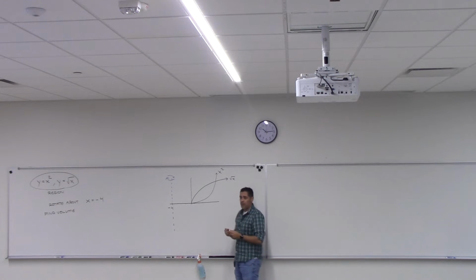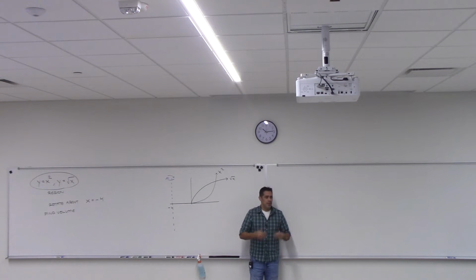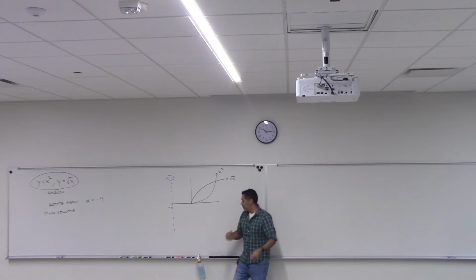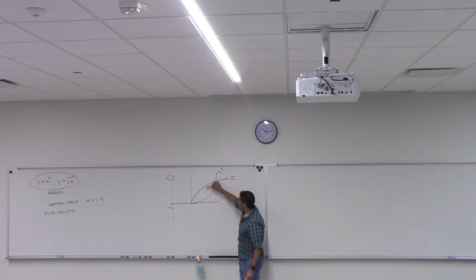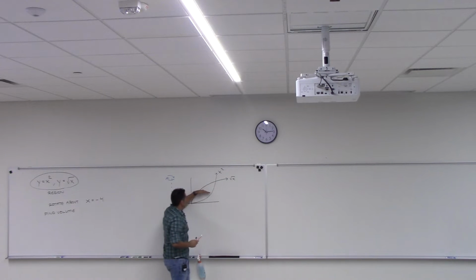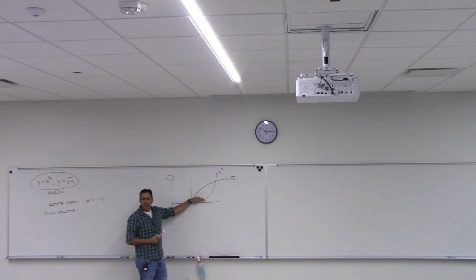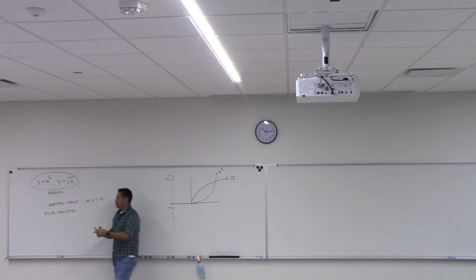So my rectangle can either be vertical or horizontal here. It's up to me how I want to do it. If I do horizontal, what would I have to do? Needs to be converted to x.